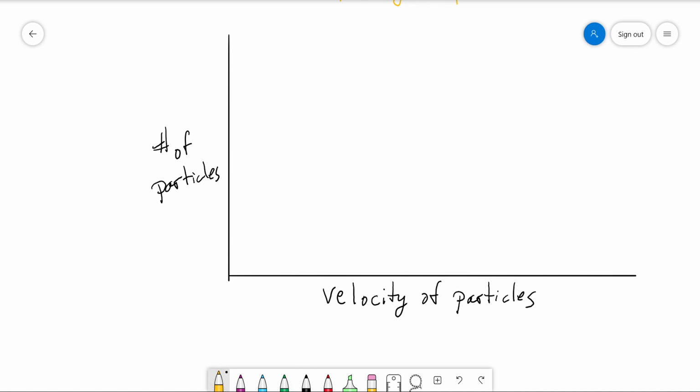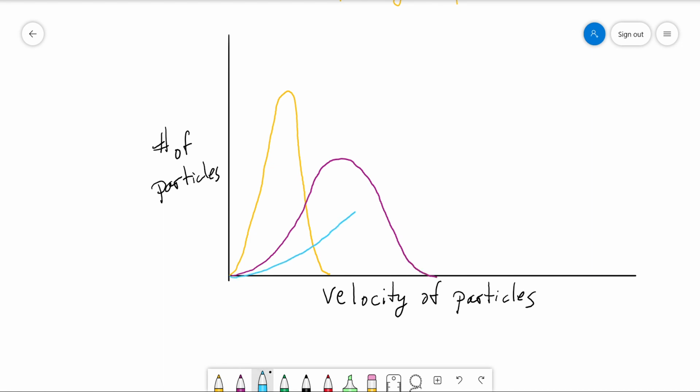Okay, if we have a really slow moving molecule and then a faster molecule, and this graph does exactly the same thing as the last one.